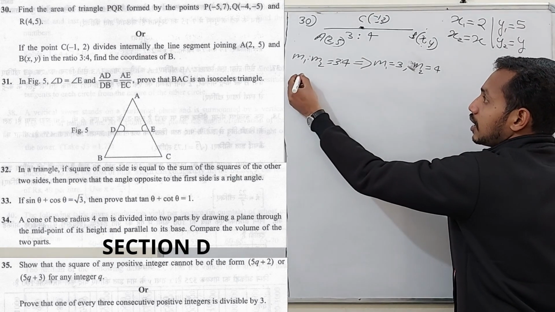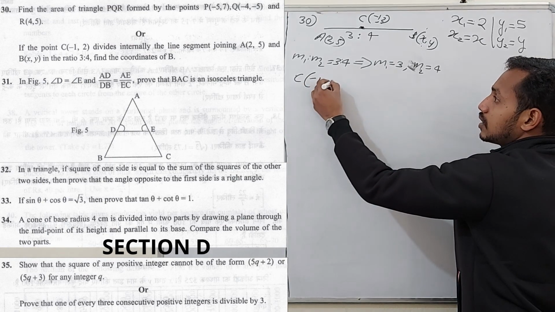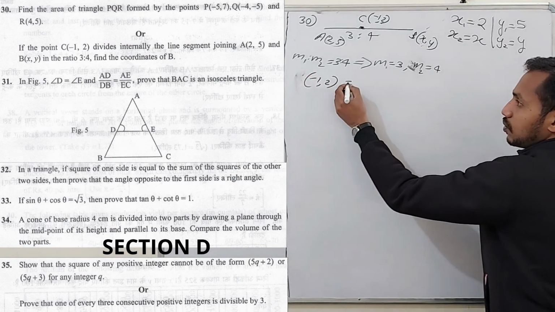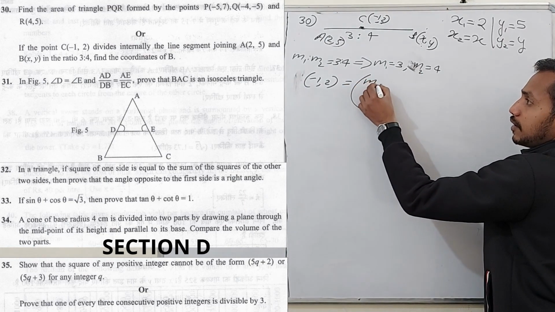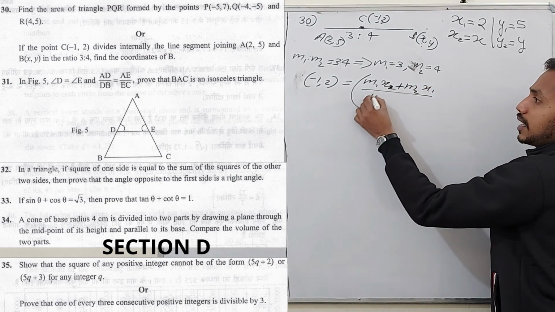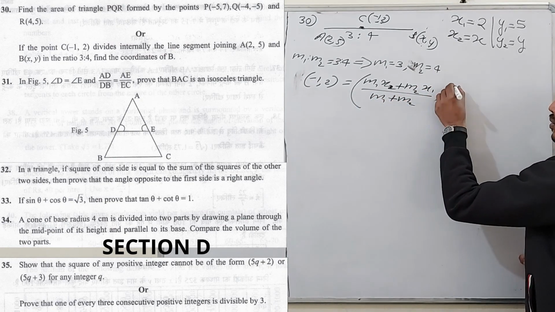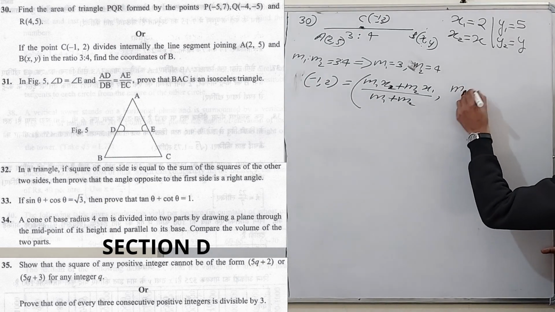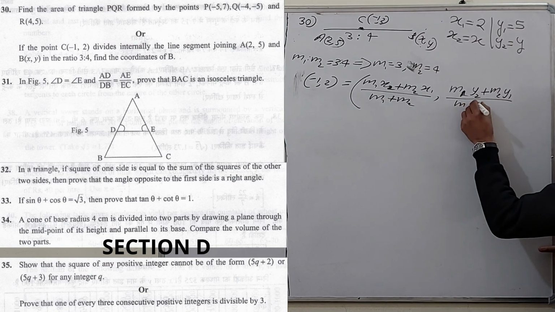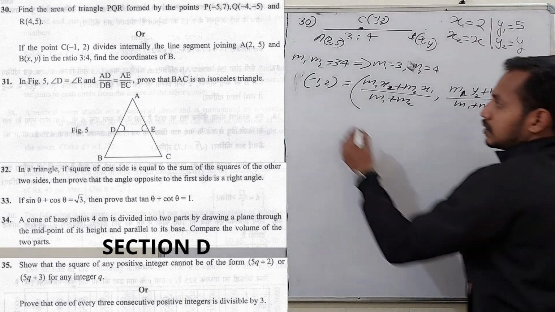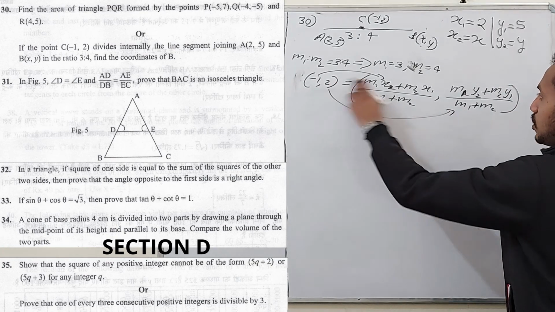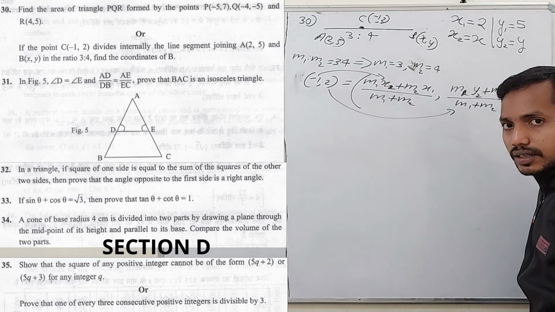That is, C, which is minus 1 comma minus 2, will be equal to the section formula: m1 into x2 plus m2 into x1 divided by m1 plus m2, comma m1 into y2 plus m2 into y1 divided by m1 plus m2. Then minus 1 is equated with this one and minus 2 with this one. That is the corresponding y coordinate and this is the corresponding x coordinate.